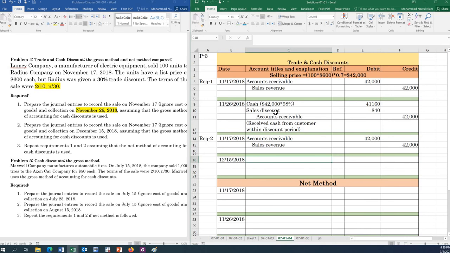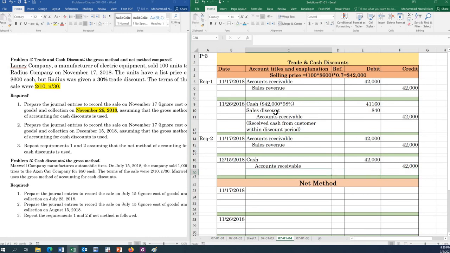and we are receiving the entire amount on December 15 because the customer is paying after the discount period, so they are not receiving any discount. So we are receiving the entire amount. So meaning we are receiving the 42,000. So now accounts receivable 42,000.